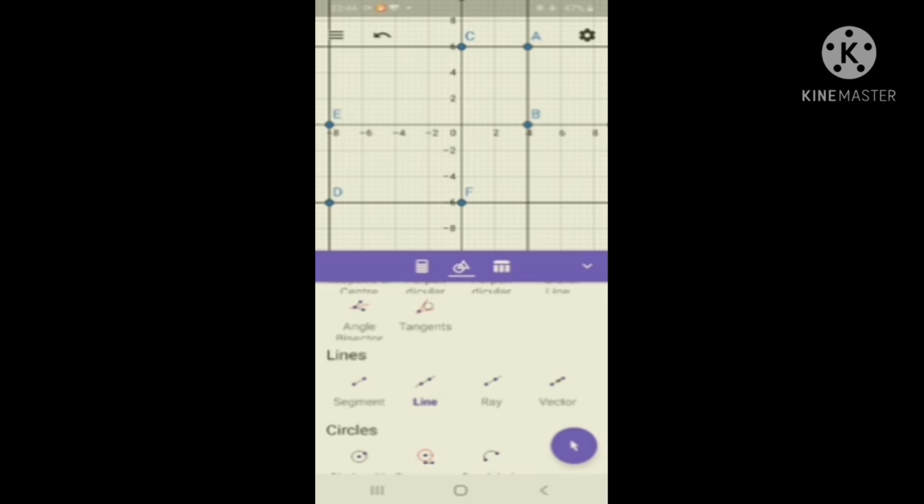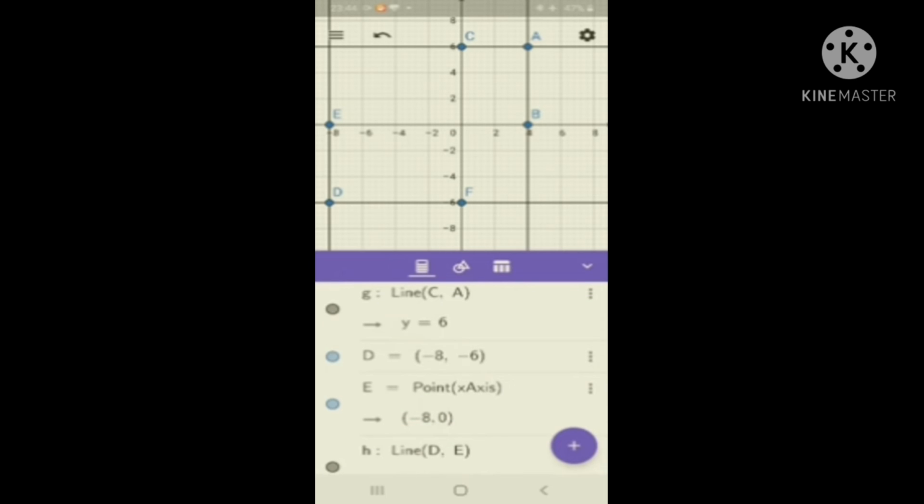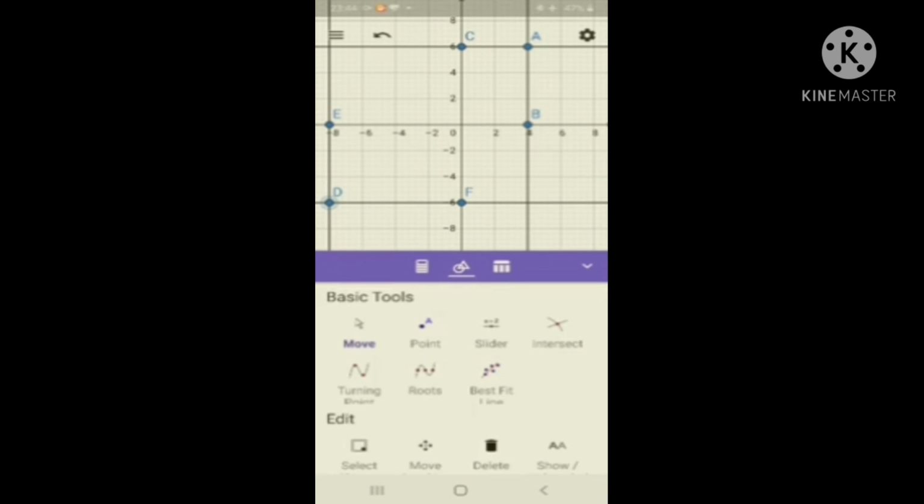So you can say that the coordinates of point D is (-8, -6). You can see the D in this part. The coordinates of this D is (-8, -6).